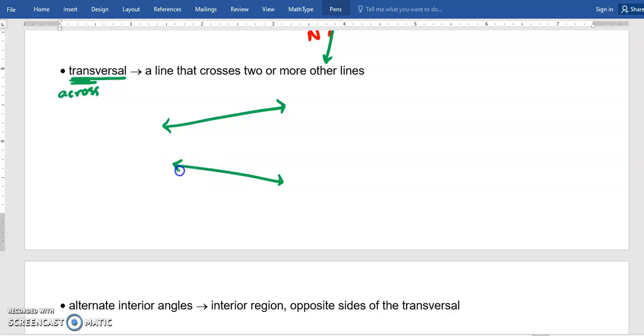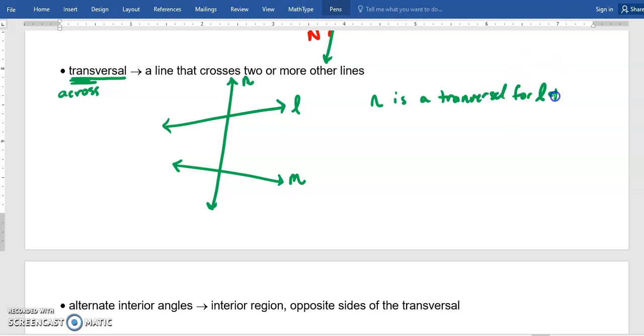The two lines don't have to be parallel. If this is line L, line M, line N, we would say line N is a transversal for line L and line M. So it's one line that crosses the other two.